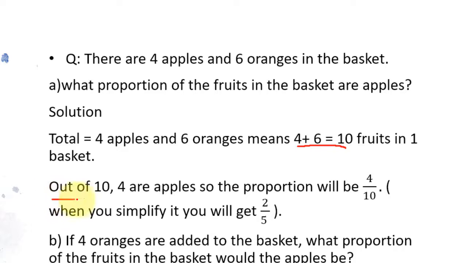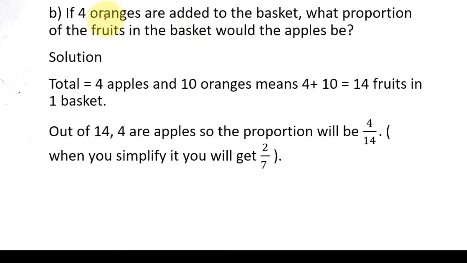Out of 10, 4 are apples, so the proportion will be 4 upon 10. When you simplify it, you divide by 2: 2 2s are 4 and 2 5s are 10. So you will get the proportion 2 upon 5.